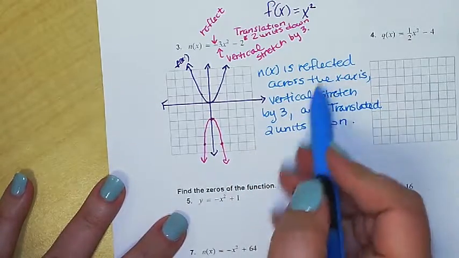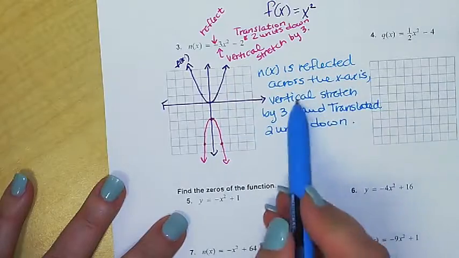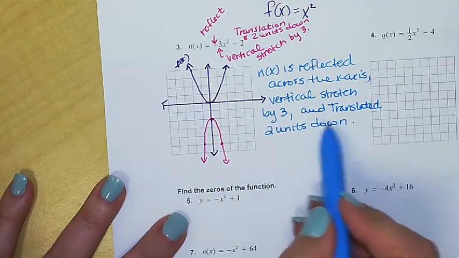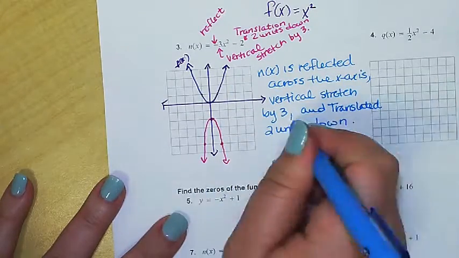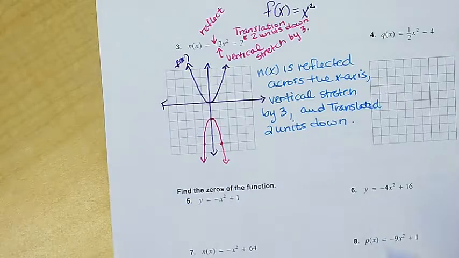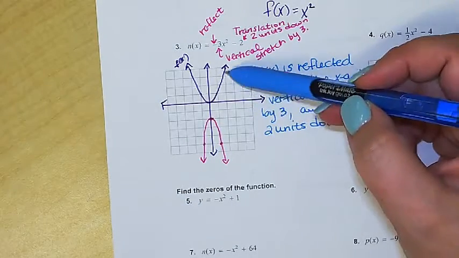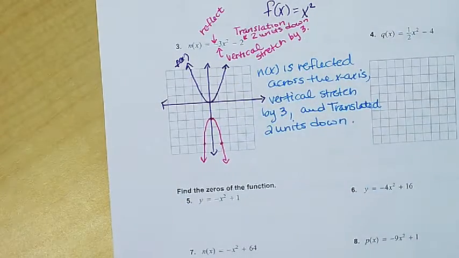Okay, so I've got my reflection across the x-axis, the vertical stretch by a factor of 3, and then translated 2 units downward. That would complete all of the different transformations or changes that happened from the parent to the original.